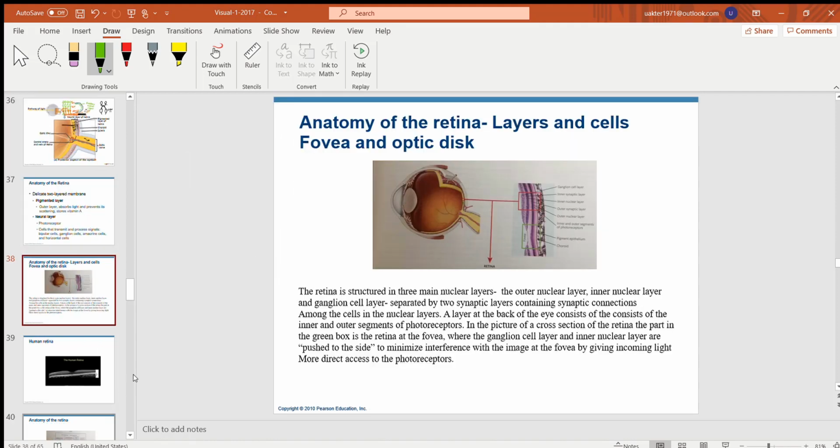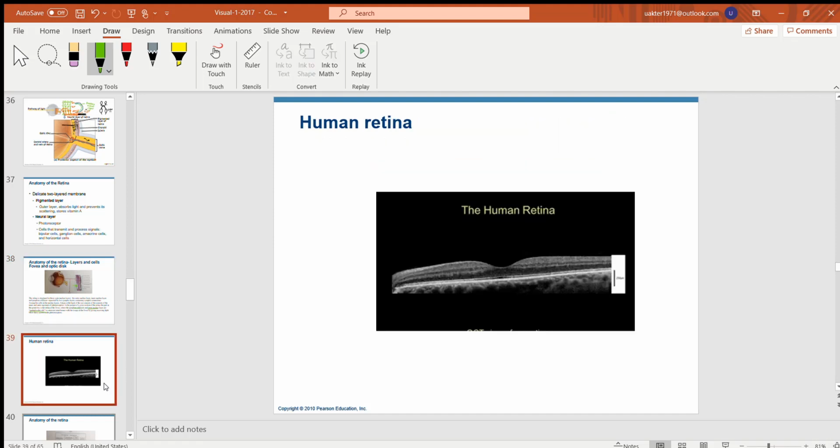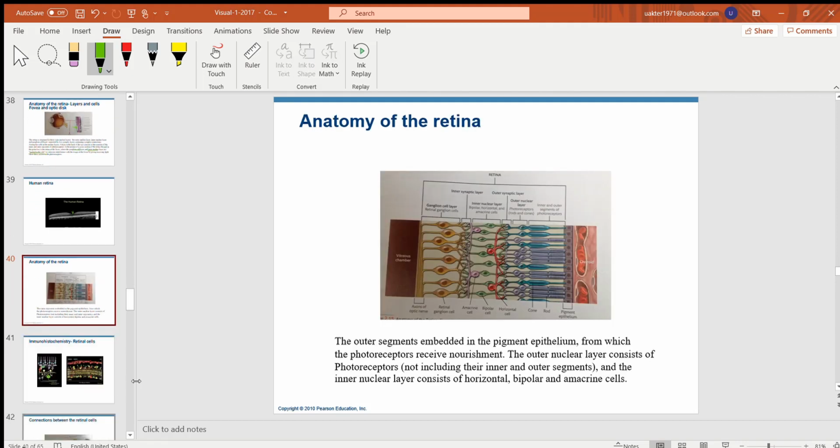Here you can see the fovea centralis, where the retina is thin, and the ganglion cell and inner cell layers are pushed to the side. This is the real picture of the human retina. Here you see the different layers of the retina.